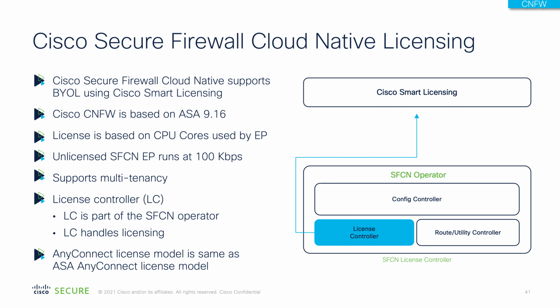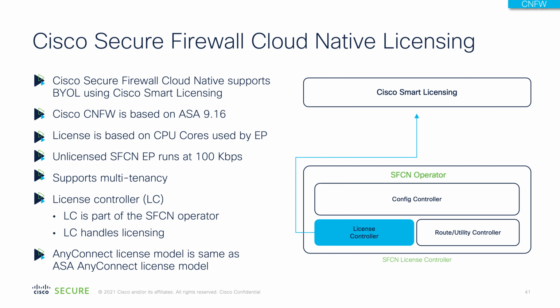If you have an MSSP use case and you have multiple tenants, we support that, and we support multi-tenancy licensing as well. So for example, you have a smart account where you have hundreds of licenses added, and you have 2 tenants consuming those licenses. You can configure your SFCN architecture in such a way that your licenses are picked for each tenant separately.